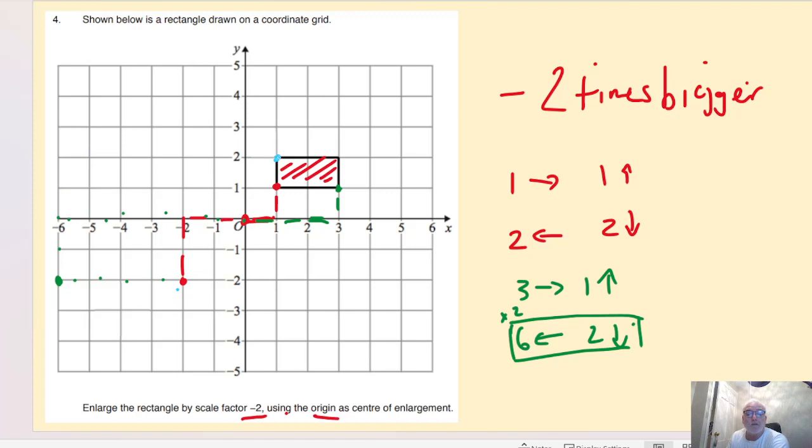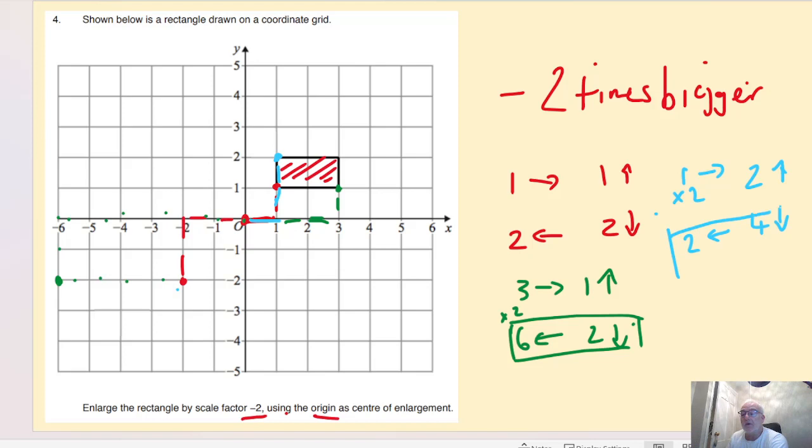So this one at the top, we've gone 1 to the right, and then we've gone 1, 2 up. So we've gone 1 to the right, and we've gone 2 up. So remember, we're going to times that by 2. So we're going to go 2 to the opposite direction, 4 to the opposite direction.